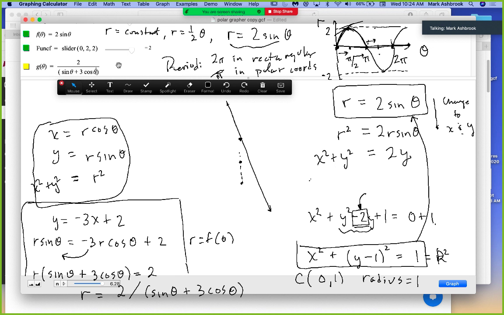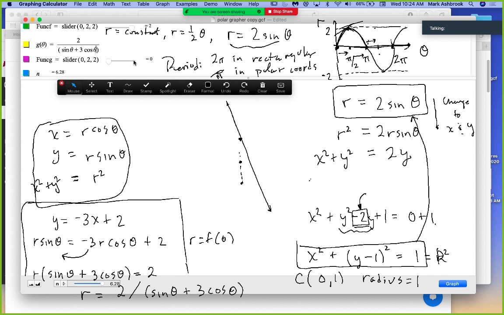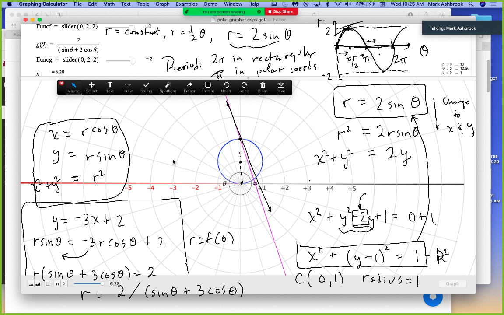Okay, and let's turn that on. There it is. So I just graphed 2 over sine theta plus 3 cosine theta. And there it is. It goes through the point 0, 2, and it has a Cartesian slope of negative 3.